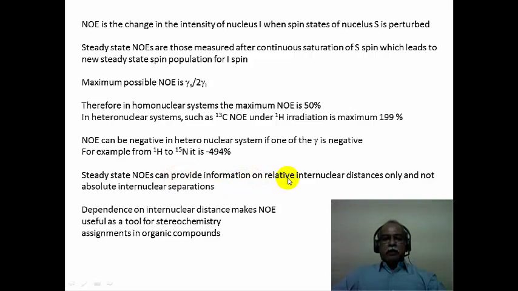They provide information regarding the relative internuclear distances and not the absolute internuclear separations. This is extremely useful because the dependence on the internuclear distance makes the NOE a powerful tool to study stereochemical assignments in organic compounds, of which we will see some information at a later stage.